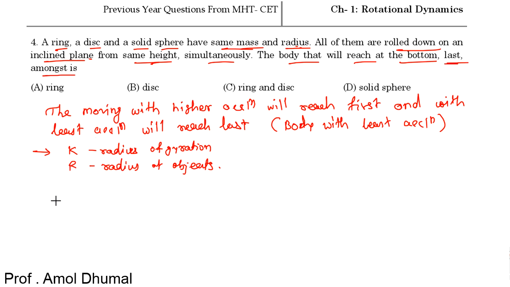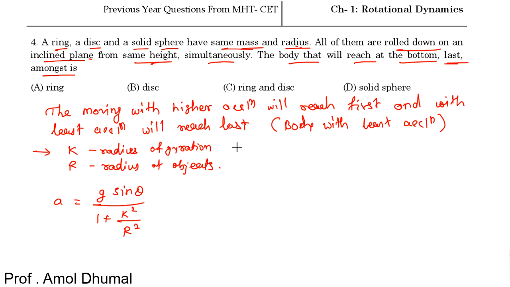So linear acceleration is given as g sin theta upon 1 plus k square upon r square. This is the formula for linear acceleration.